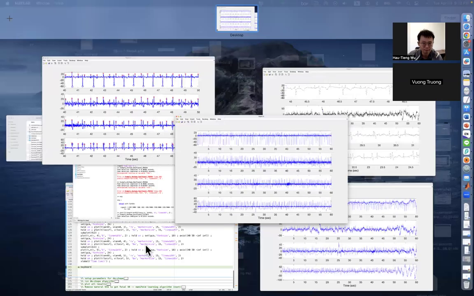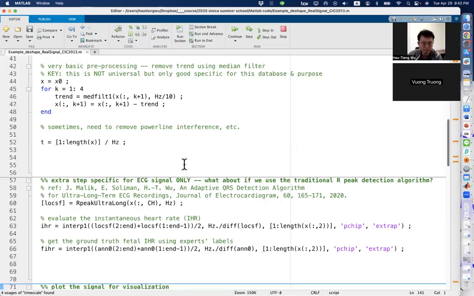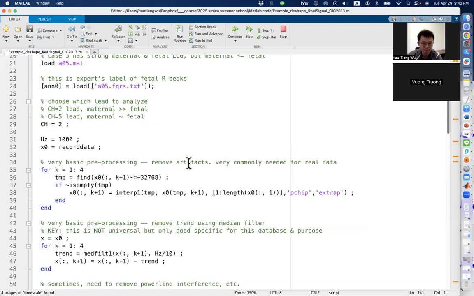And as I mentioned in the code, this kind of detrending is very, very specific. It's not universal at all. Actually, detrending itself is a very, very difficult topic, and usually it depends on the application.